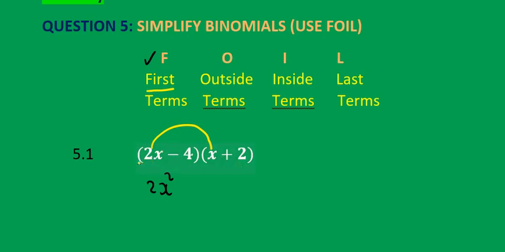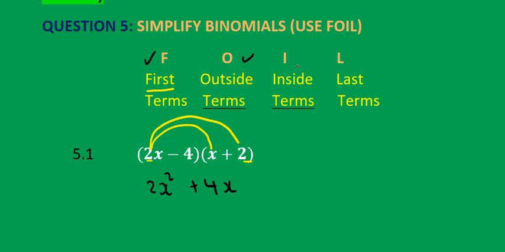So we multiply the terms outside. That's the O for FOIL. And of course, 2x, if we multiply that by 2, you'll get 4x. So the O of the FOIL is covered.